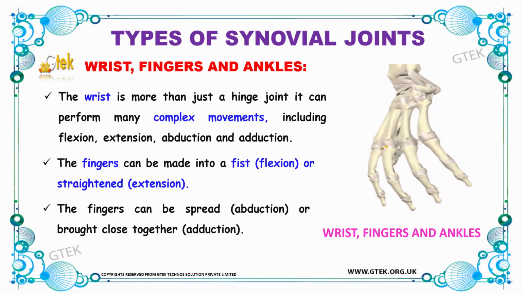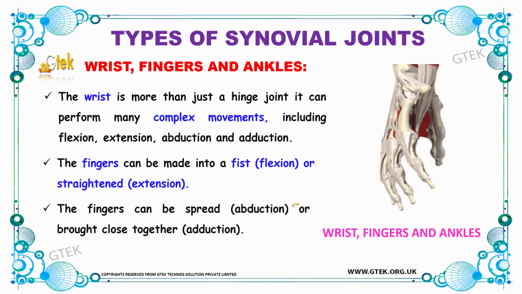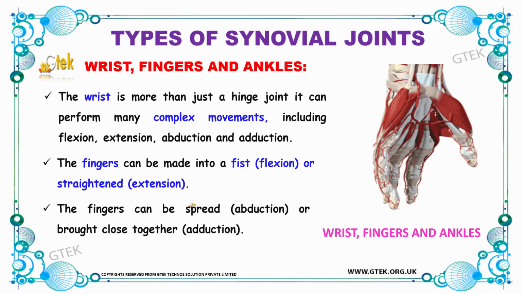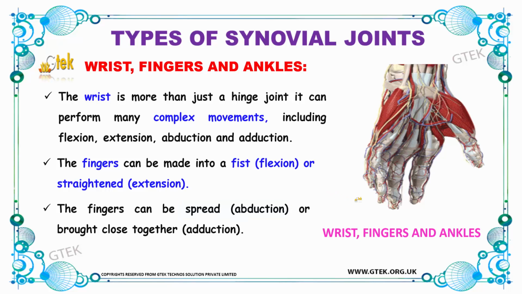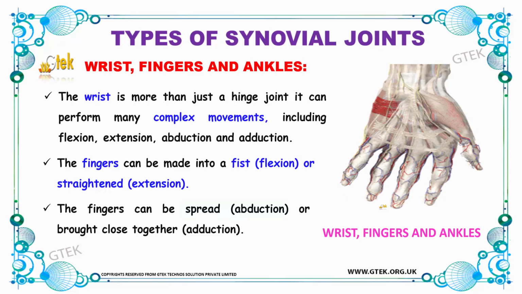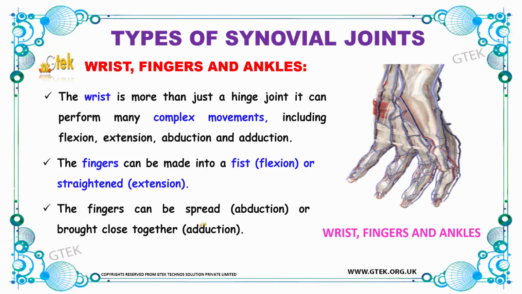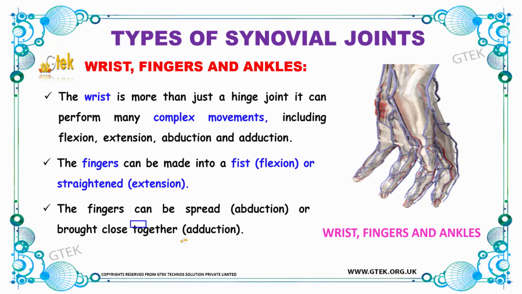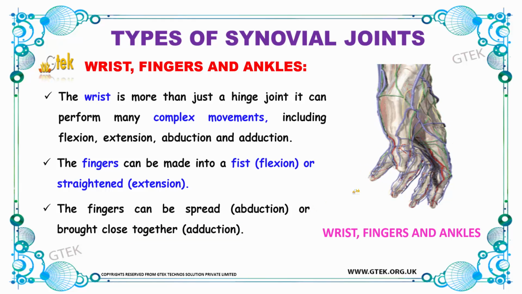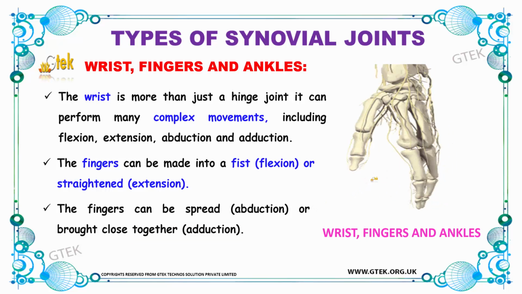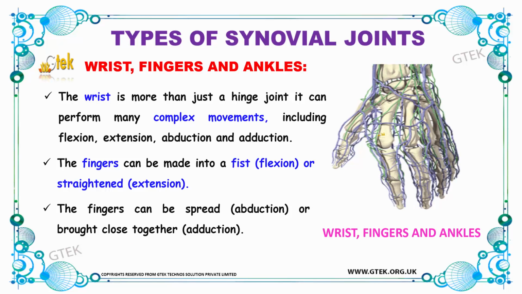When you spread out your fingers wide open, then it is known as abduction. When you bring them close together, keeping all your fingers together, the movement is known as adduction. So these are the complex movements that are done by your wrist.